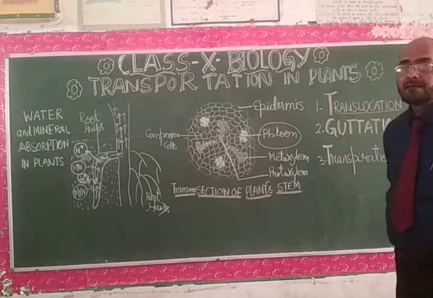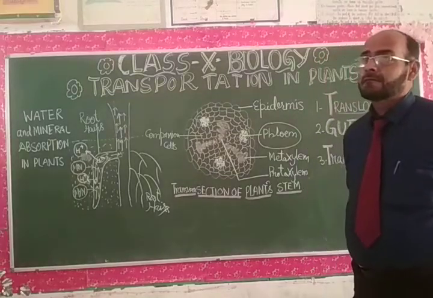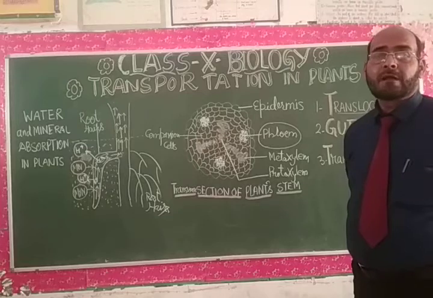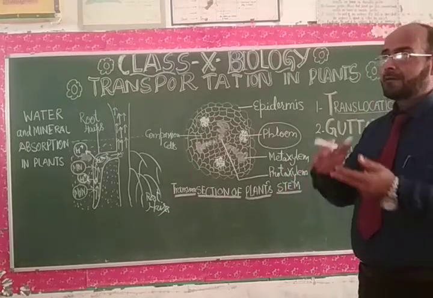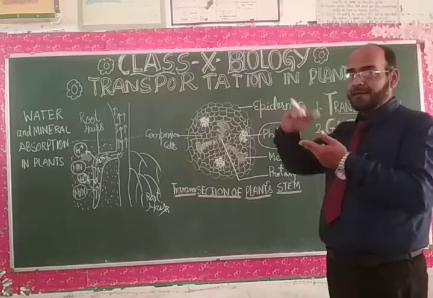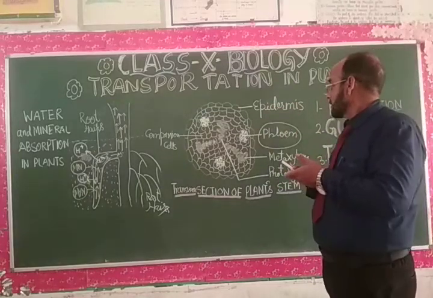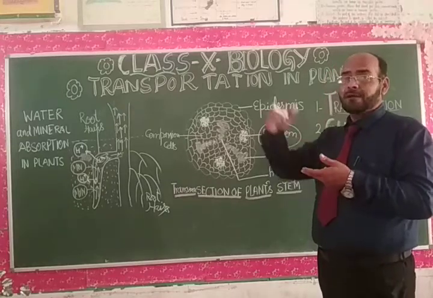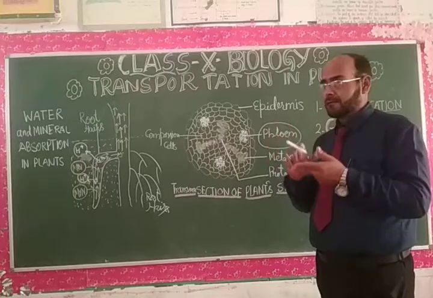Transpiration can be defined as the water getting evaporated from the plant leaves. When the stomata open and the temperature is high around the plant, the water from the stomata gets evaporated, and that process is called transpiration.